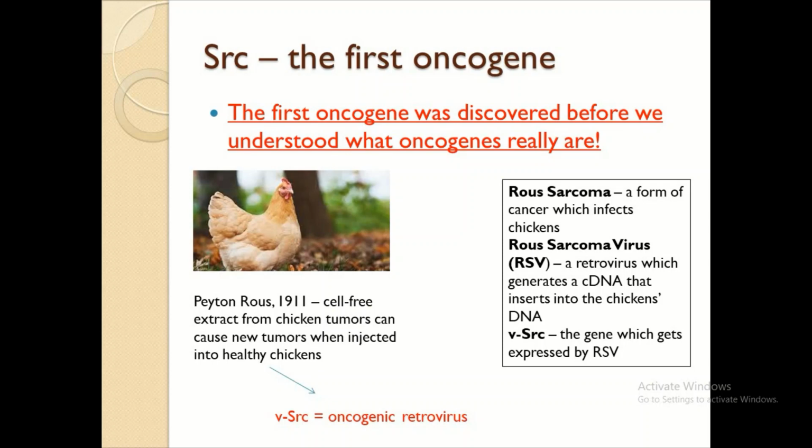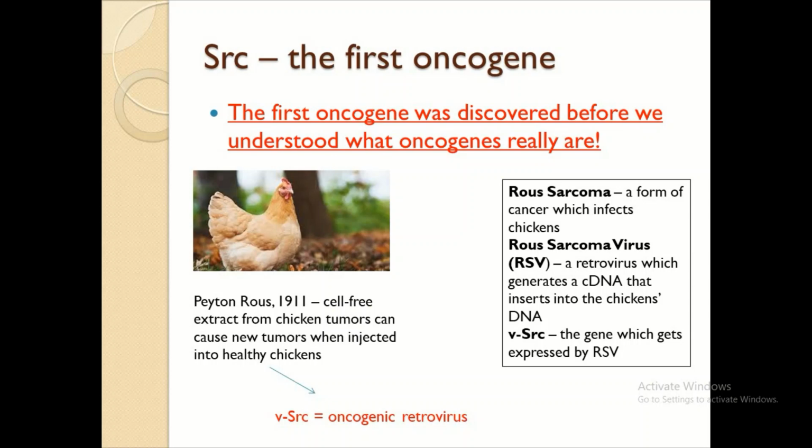He took a cell-free extract from chicken tumors, which caused new tumors when injected into healthy chickens. From that experiment he found that this SRC oncogenic retrovirus was the reason for inducing Rous sarcoma, which causes sarcoma in chickens.